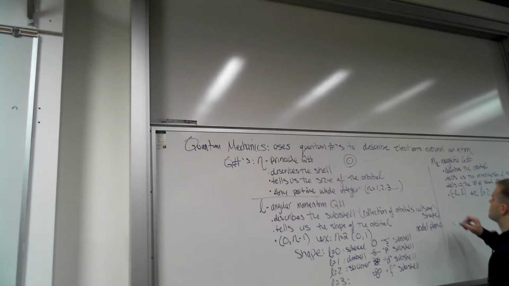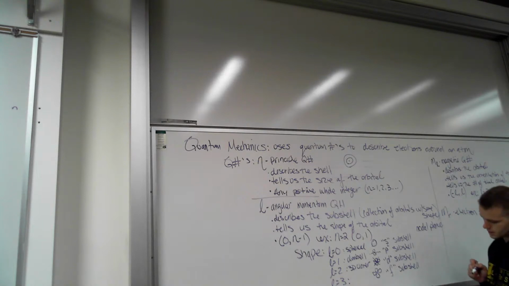And our fourth and final quantum number is m sub S, and that is our electron spin quantum number. It describes the electron.